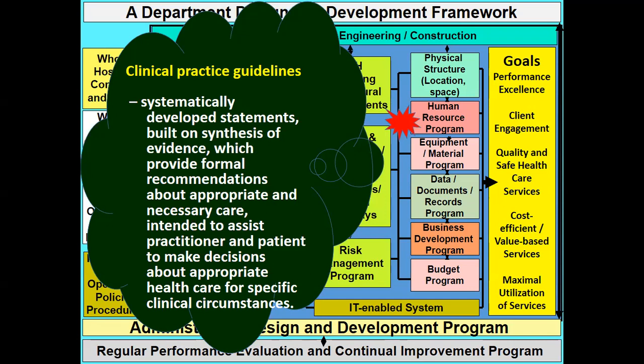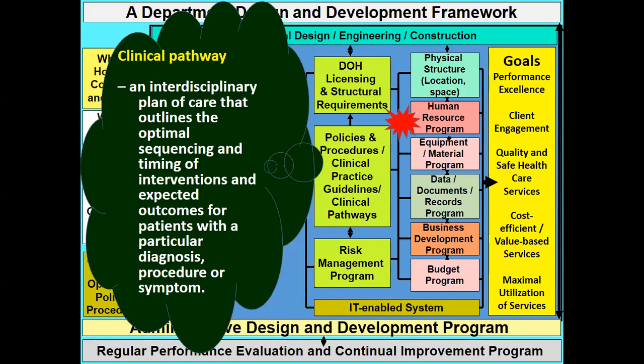So these are just recommendations, formal recommendations. Clinical pathways are somewhat different. It's more of an interdisciplinary plan of care or action that outlines the optimal sequencing and timing of intervention and expected outcomes for patients with a particular diagnosis, procedure, or symptoms.